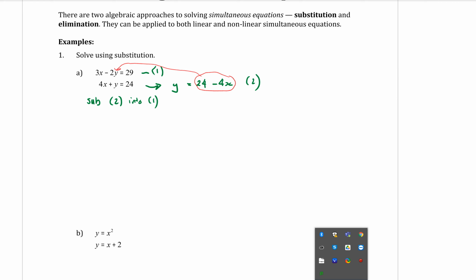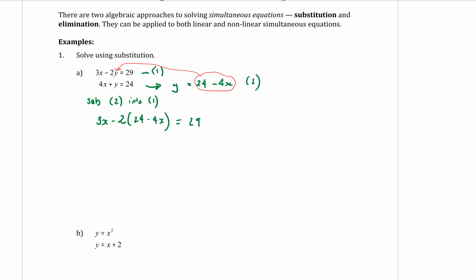Okay, so I write down what equation 1 is, so 3x minus 2, but instead of the y, I replace that 24 minus 4x equals 29.